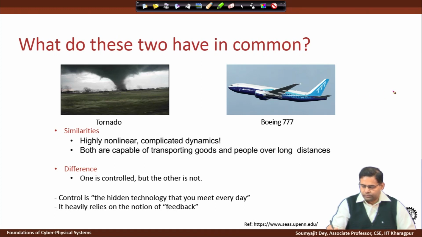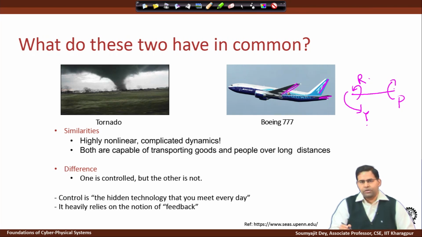If I look at it, you have roll here, you have yaw here, and you have pitch here. So, based on its intended goal of where it wants to go, the pilot will give suitable commands that will control these values, and based on these commands, all these control surfaces in the tail and in the wings are going to change their positions.